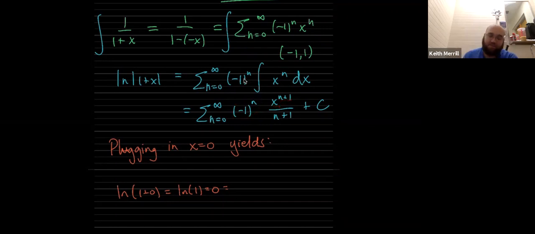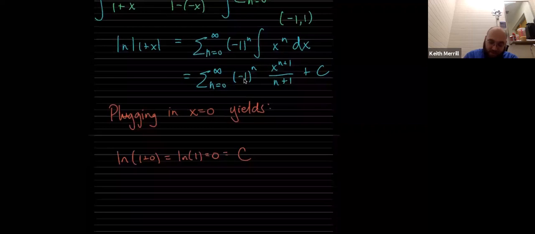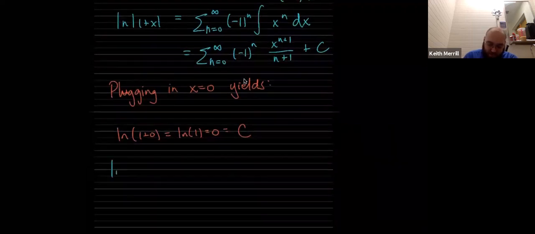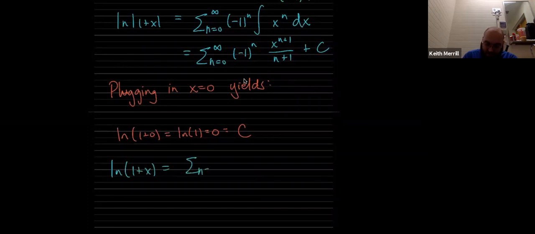So that's just 0. So this is c. So c is 0, because that's what the left-hand side equals. All right. So in other words, we have a series expansion. This is probably our first non-trivial series expansion that says that log of 1 plus x can be represented by this series.